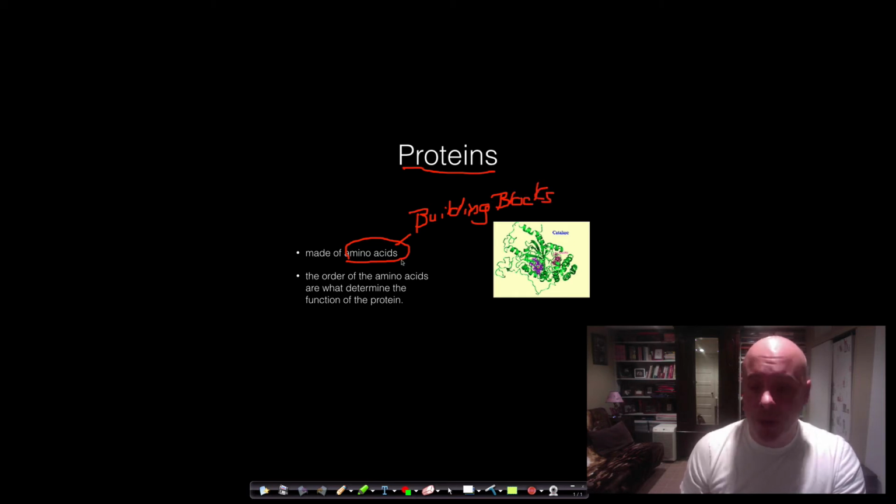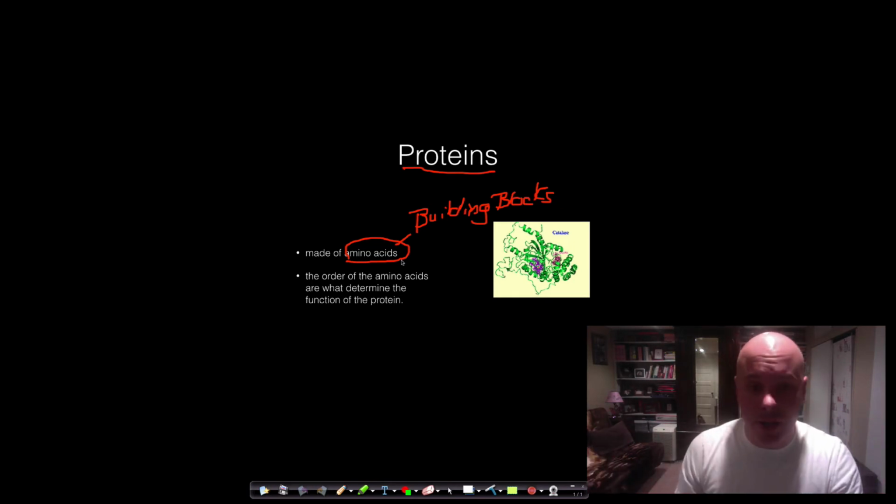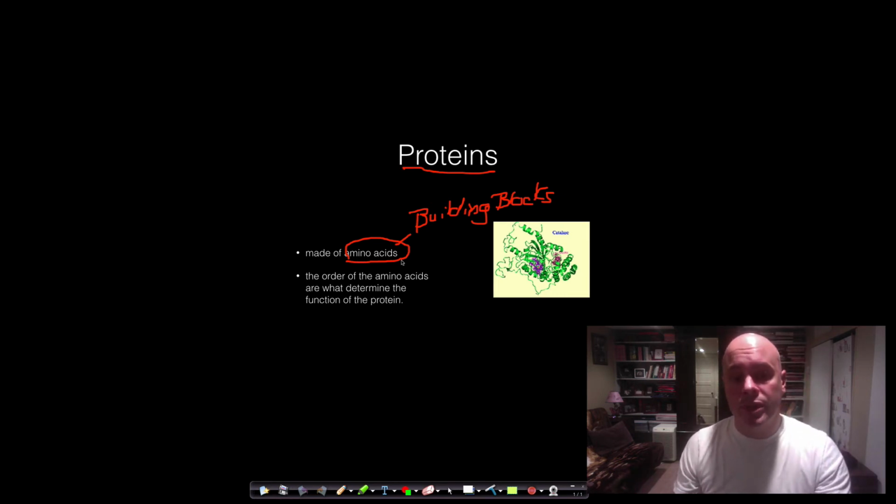I guess the reason they call it building blocks is because you put a whole bunch of amino acids together and it makes the protein, just as when you were younger and had blocks to play with, you put them together to create different structures. So amino acids are put together to create many different structures of protein.